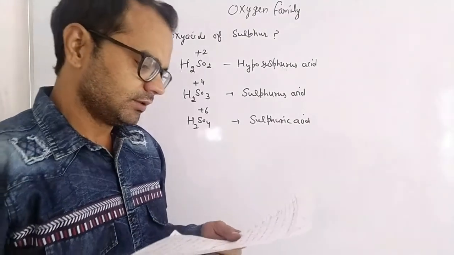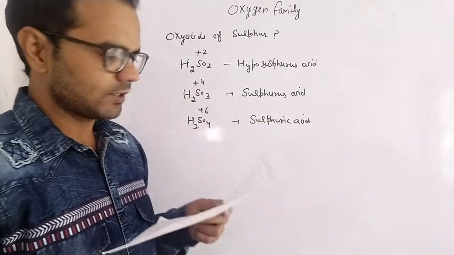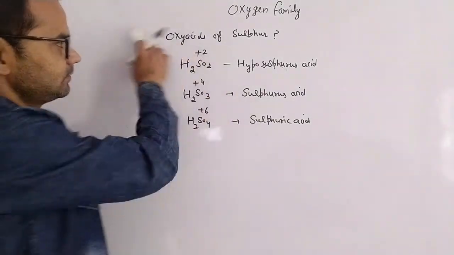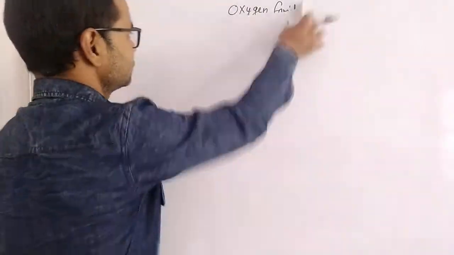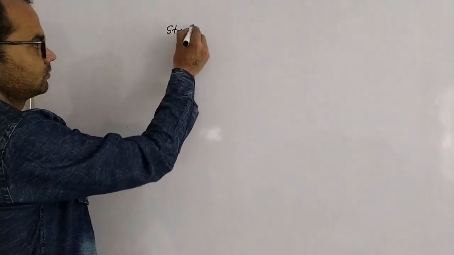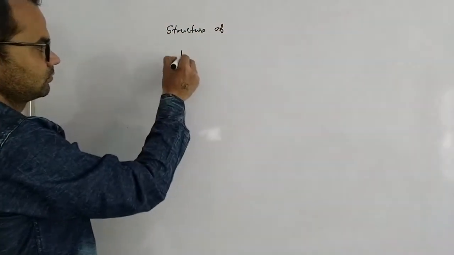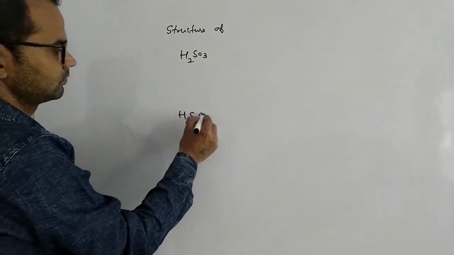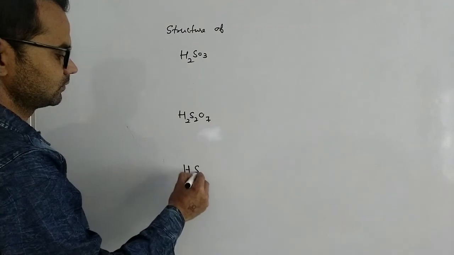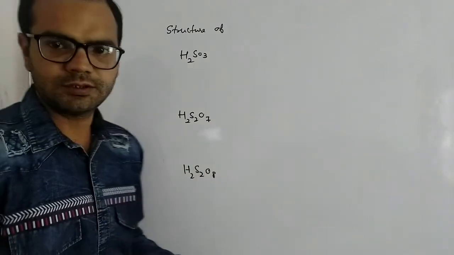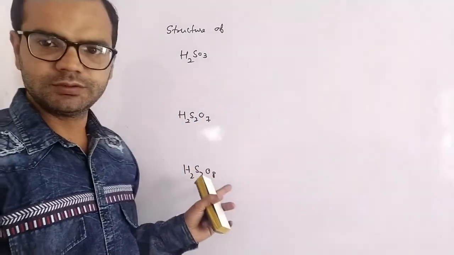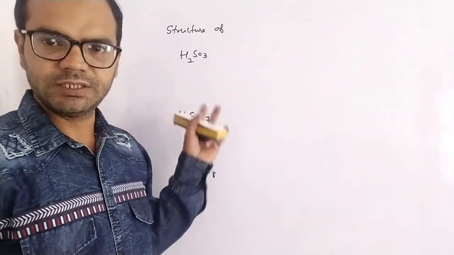Next question is draw the structure of H2SO3, H2S2O7 and H2S2O8. Structure related question. So first thing, what are the names of these acids?